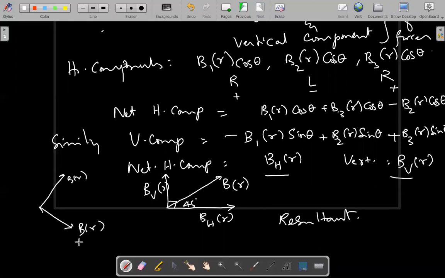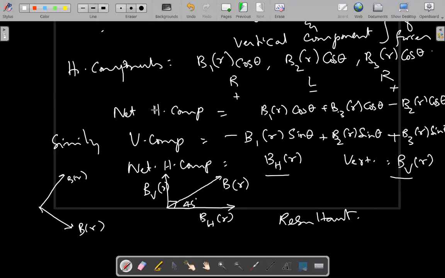So that is what the first topic says. Even the magnetic field obeys the superposition principle, because different fields combine together and you get a net magnetic field.